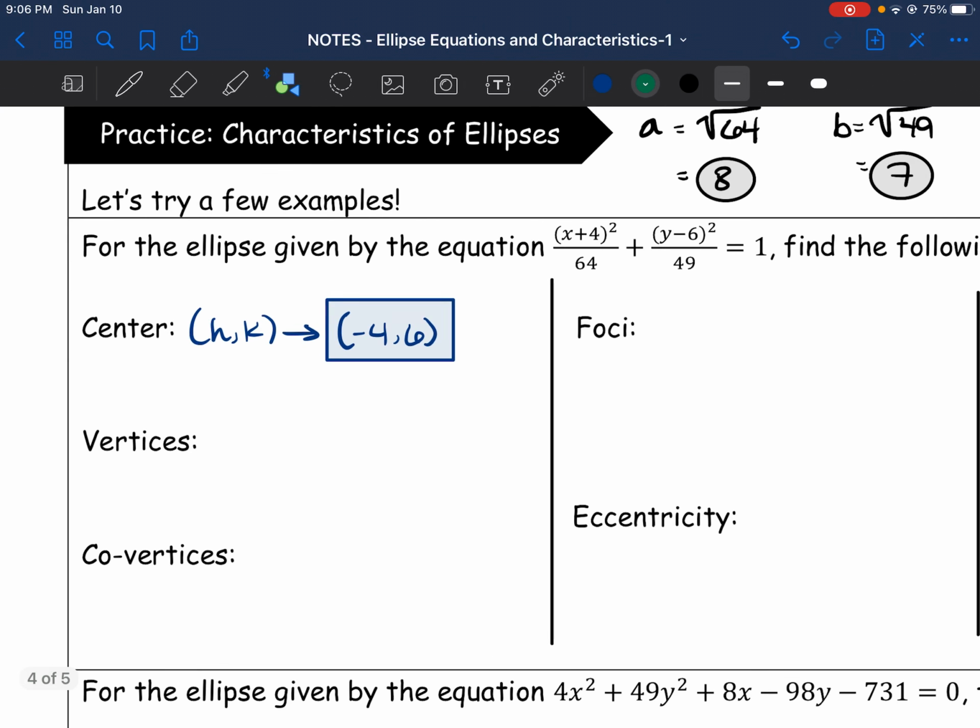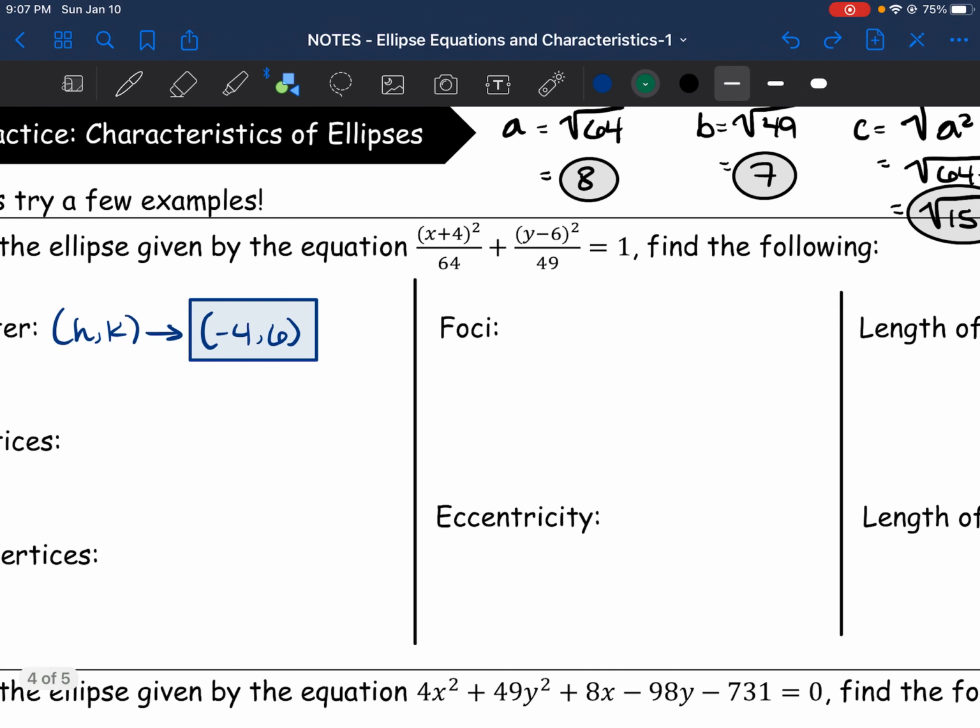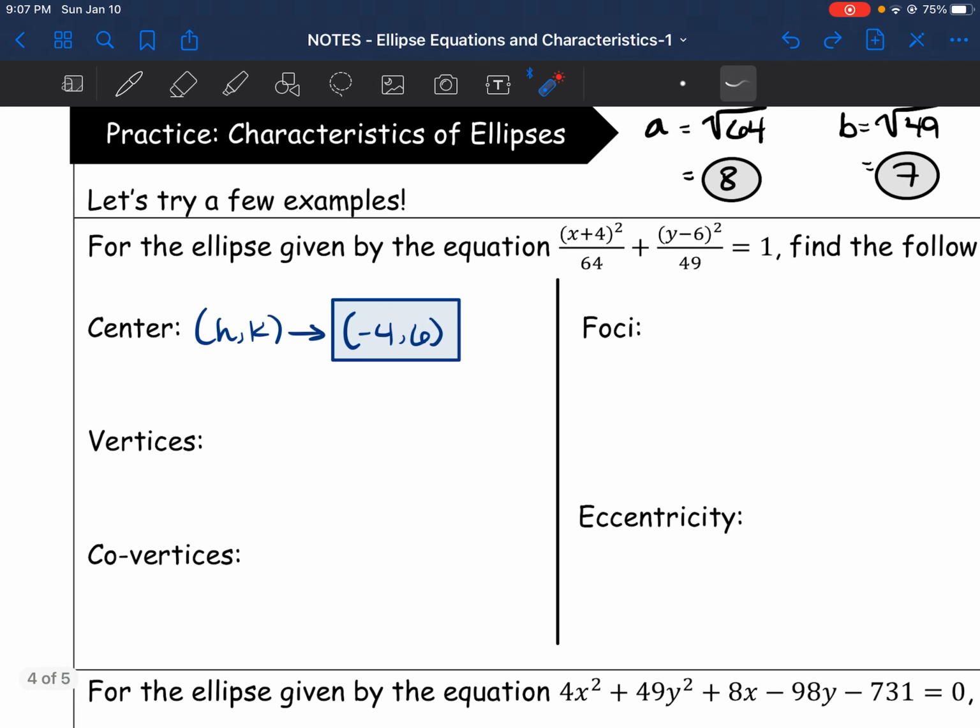Now let's look for the vertices. If we look back to that page that had the formulas for all the different characteristics, because this is a horizontal ellipse, by the way, horizontal because the A term, the largest number, is underneath the X, the vertices we find by doing h plus or minus a, comma k. Well, we know h is -4, we know k is 6, and we know a is 8.